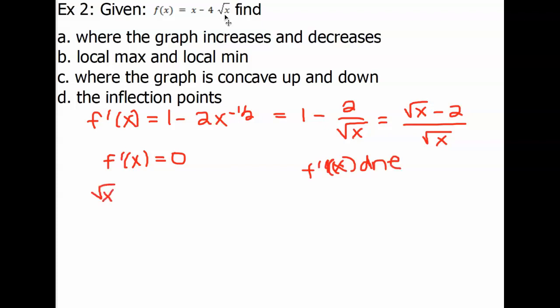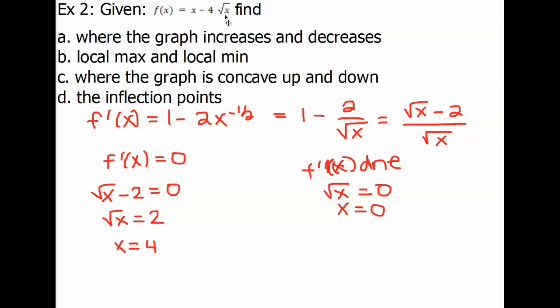So square root x minus 2 equals 0 and square root x equals 0. So we get x equals 0, and we get square root x equals 2. Squaring both sides, we get x equals 4.